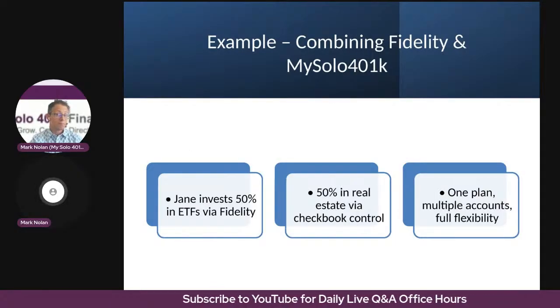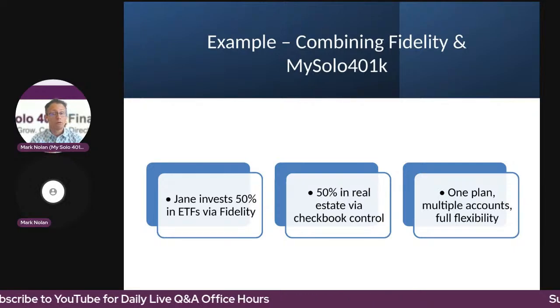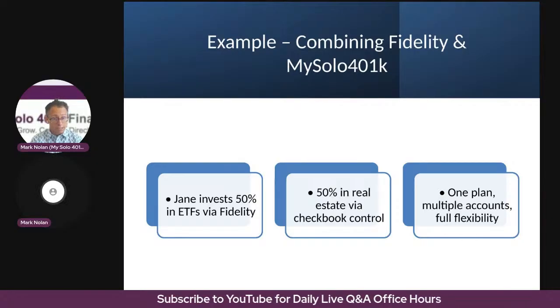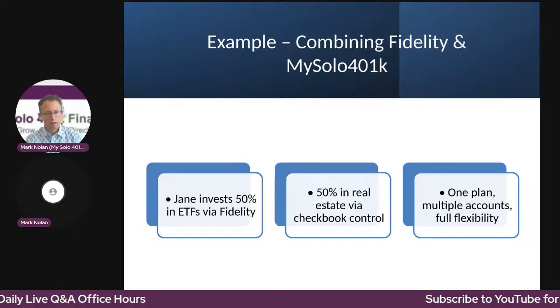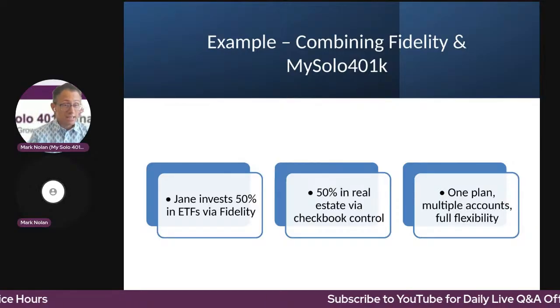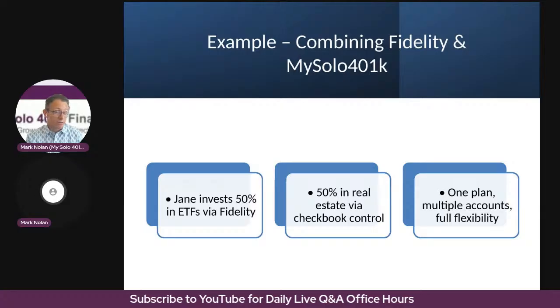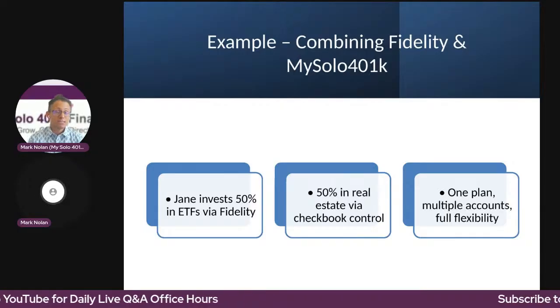Here's an example of combining Fidelity and my solo 401k financial for a solo 401k plan. Jane opens up a self-directed solo 401k with my solo 401k financial. We help her open up brokerage accounts at Fidelity, known as investment only non-prototype brokerage accounts for the plan offered by my solo 401k financial. Jane can then invest some of those funds in equities, stocks, or even all the funds in those types of investments, but she can also invest those funds in real estate.